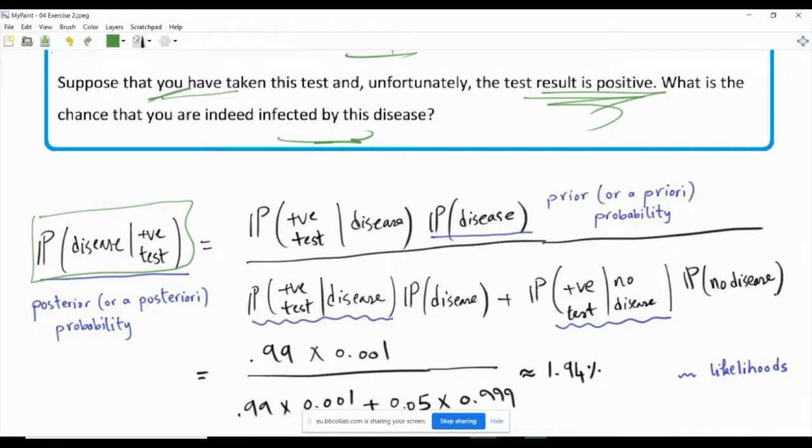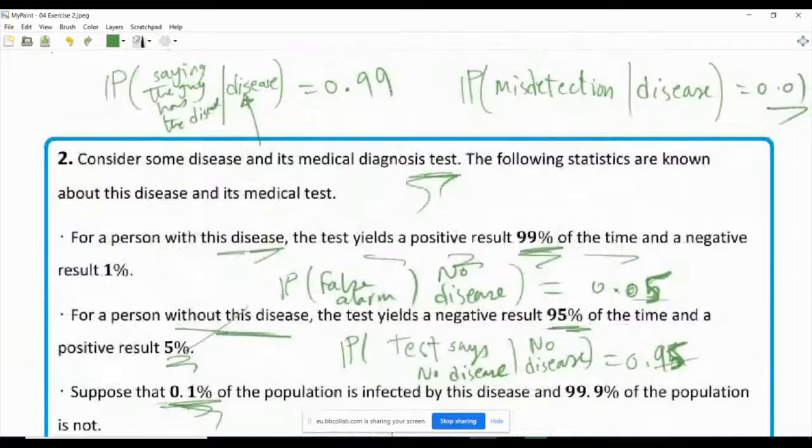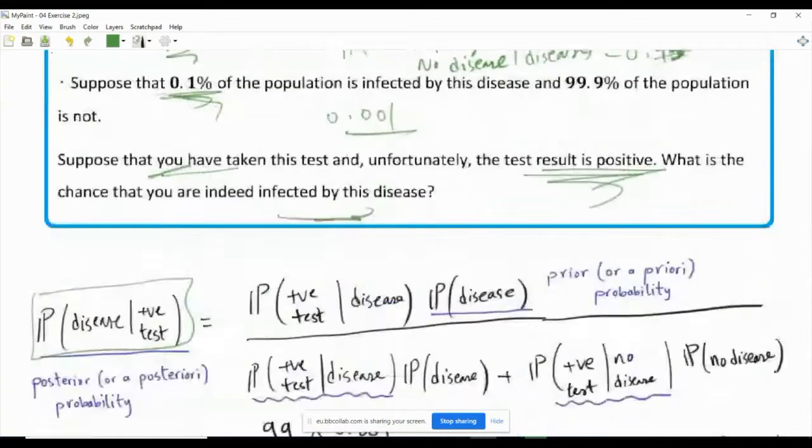So what is the actual probability that this guy has the disease? Now the numbers that we have up there are all conditional probabilities, given the true condition. We were talking about whether the test will yield a positive result or not. Now we are asking it in reverse. What is the probability of having the disease given that the result is positive?